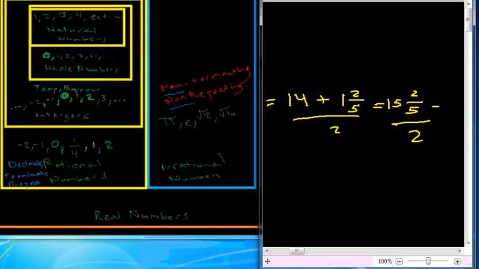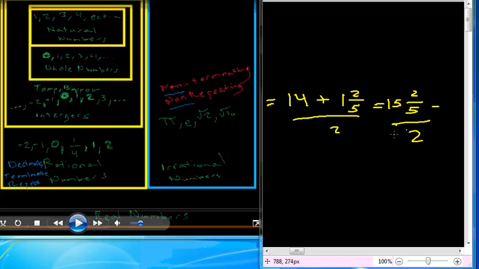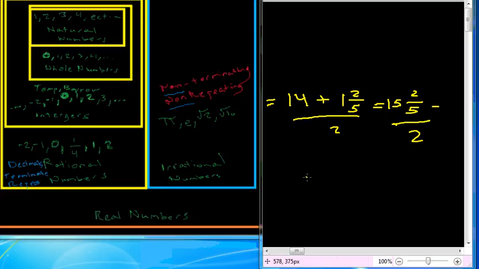Does anybody know that solution already? Yes? 7 7/10. Let's find out. I'm going to turn 15 into an improper fraction here. So 15 times 5 is what, guys? 75? 75 plus 2 is 77 over 5.